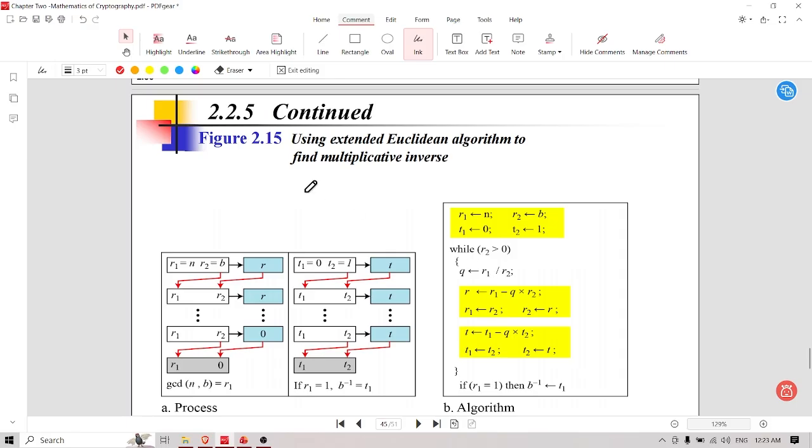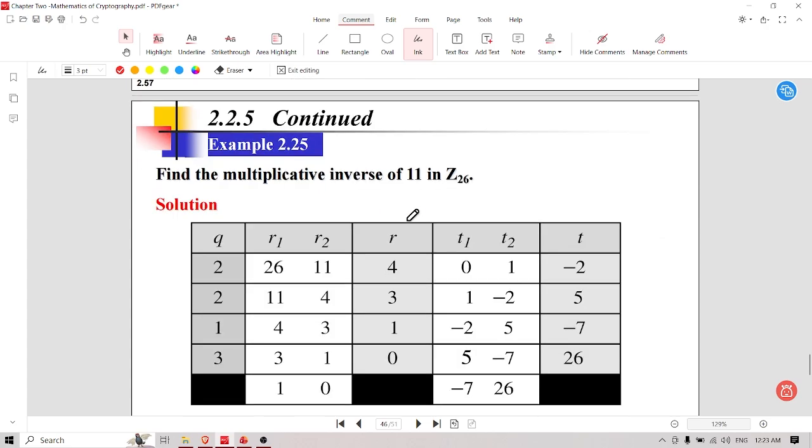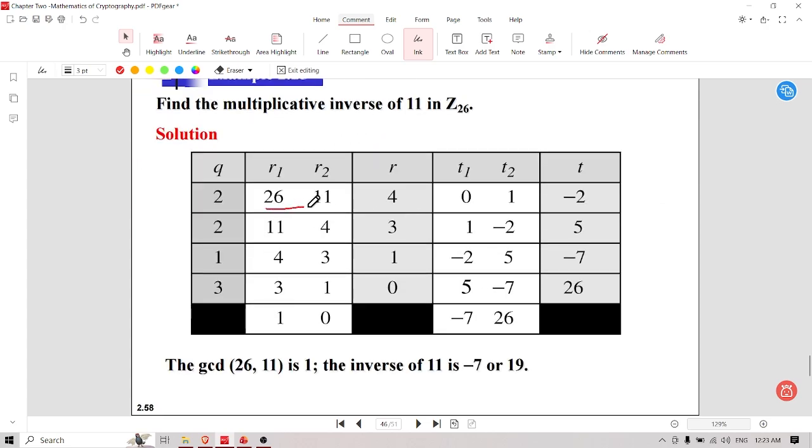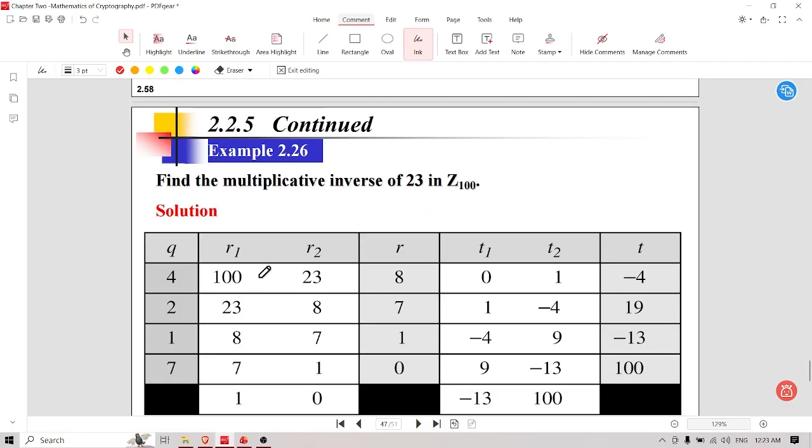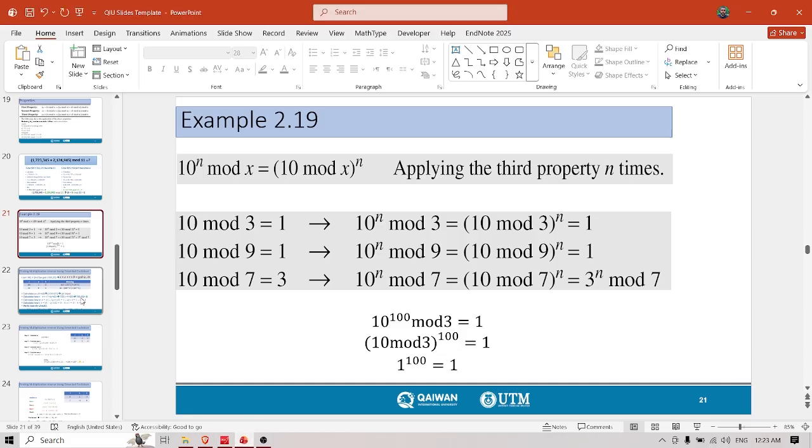Now, again, we have the extended Euclidean algorithm to find the multiplicative inverse. Hopefully, you understand it in the first part, and we will take a look at 26 and 11, or this one. Let's take a look.